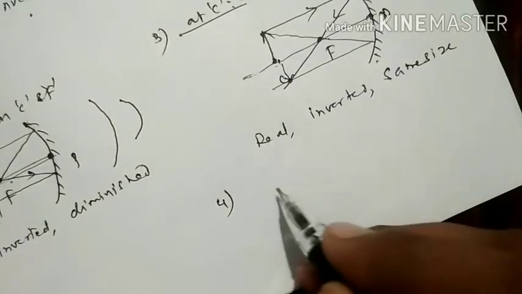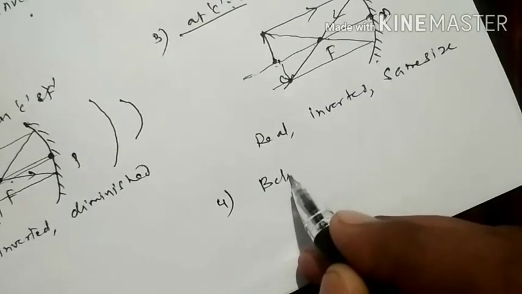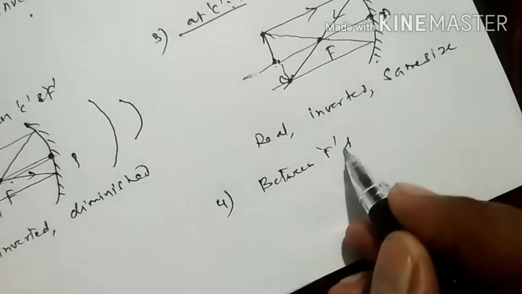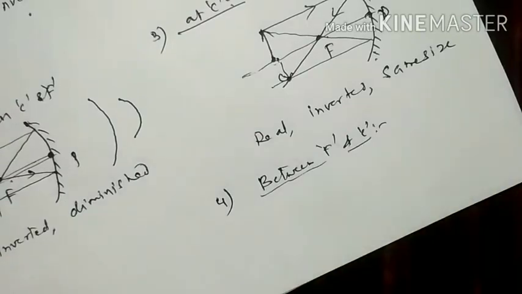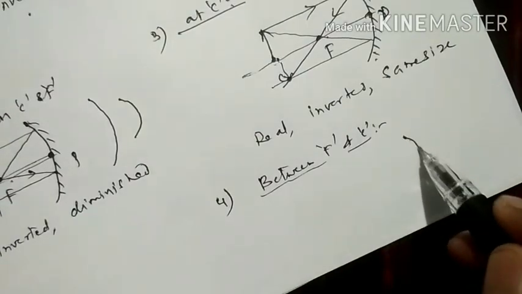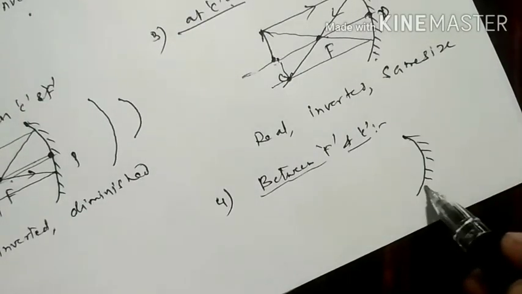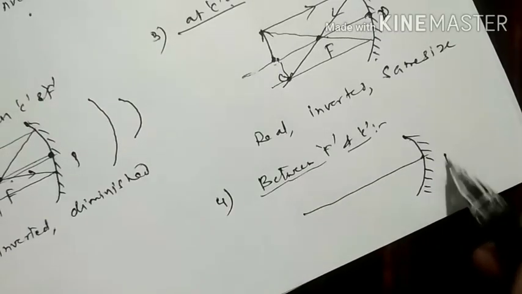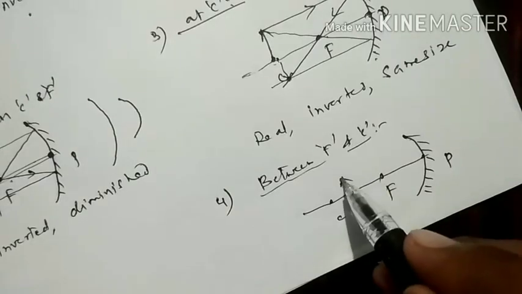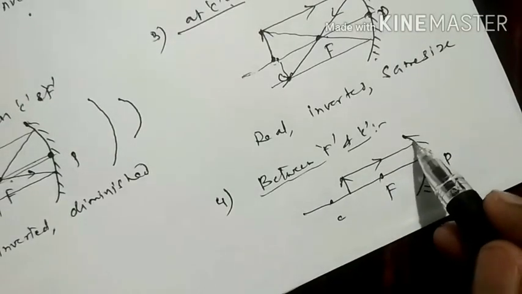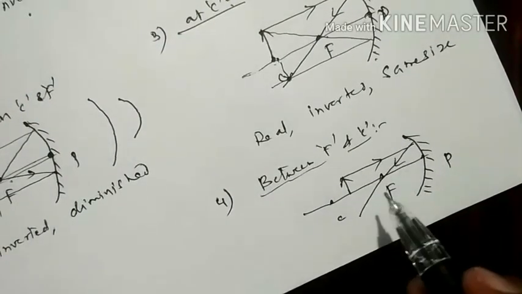And the fourth one, between F and C. What is between F and C? So here if you consider the image, the object, this is a concave mirror I have taken, and pole, focus, center of curvature. The object is placed here. A light ray parallel to the principal axis, after reflection, passes through the focus.